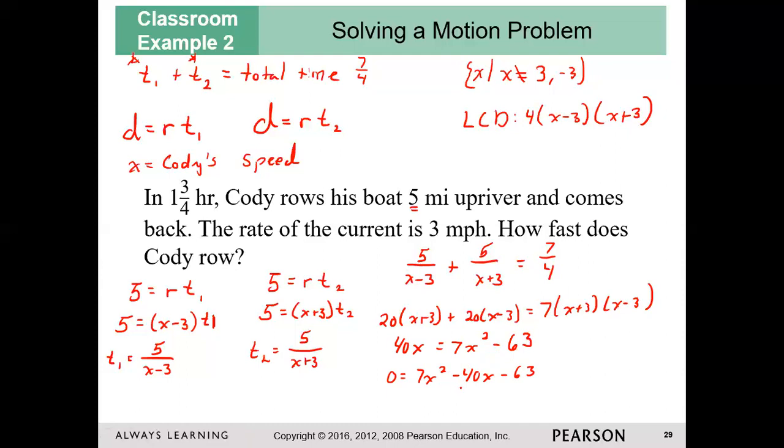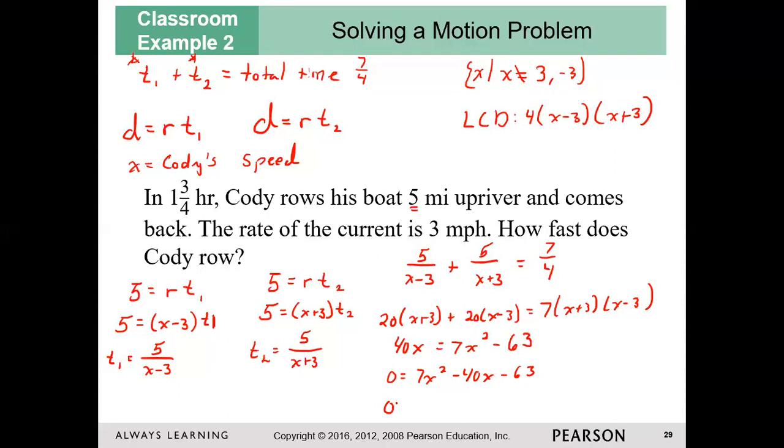I believe it's 9 times, let's see here, let's figure this out. 9 times 49, I believe. So 9 times 49. Yep. Good. So we've got 9 times 49. Those are my factors.